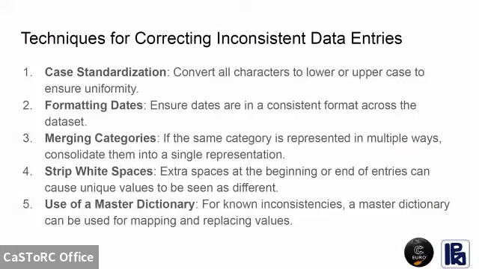The other important thing is formatting dates. Dates are very important, because you have to ensure that all dates and times follow the same format across your database. The other one is that you can have the same category represented by different labels. You have to identify them and merge them, consolidating them into one representation.